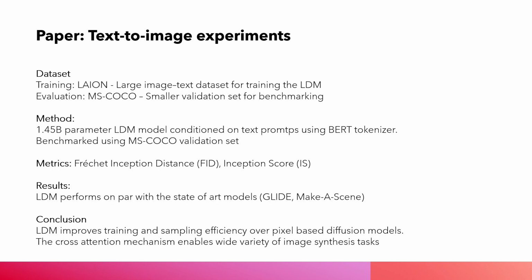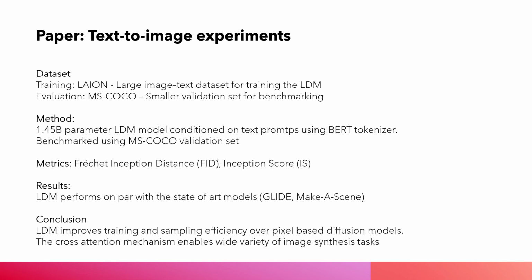The FID score measures how close the distribution of the generated images is to the real images. So the lower the value, the lower the error. The IS score indicates how meaningful and diverse the images are. The higher the score, the better.